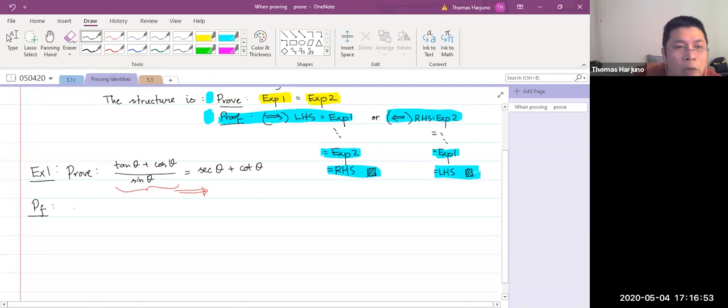Now, on my first line, I will first show the direction of the proof, left to right. Then LHS, which stands for left-hand side, equals whatever you see on the left-hand side. Don't do any computation, no simplification, nothing to change. You need to write it exactly as what you see on the left-hand side.